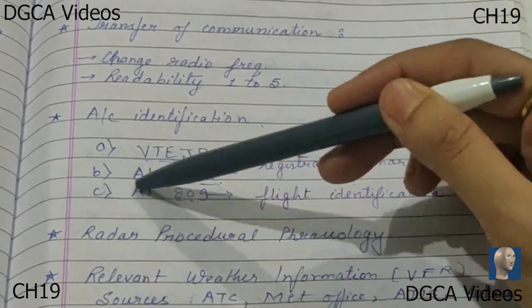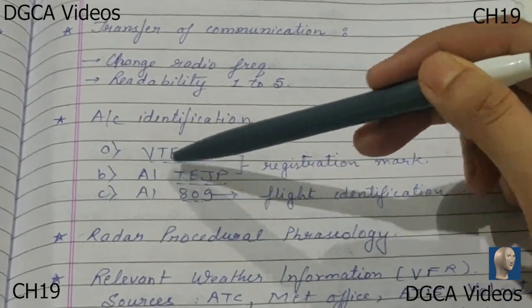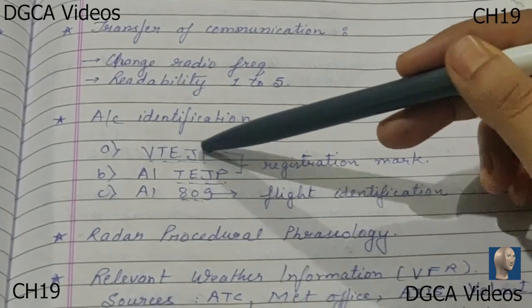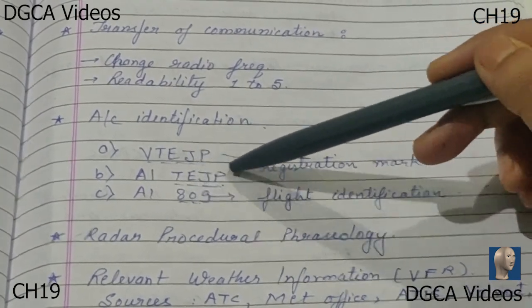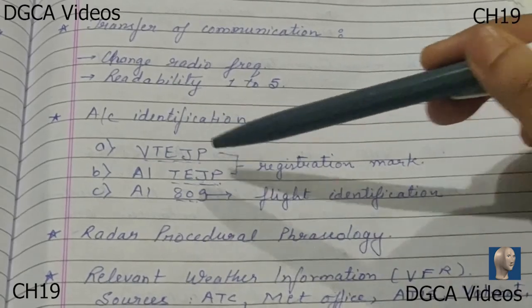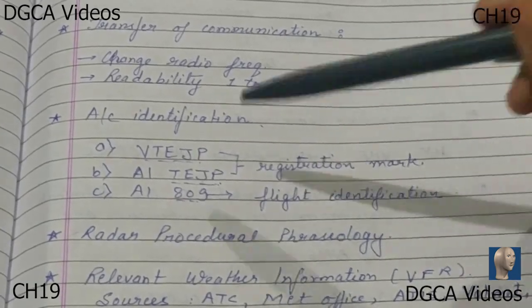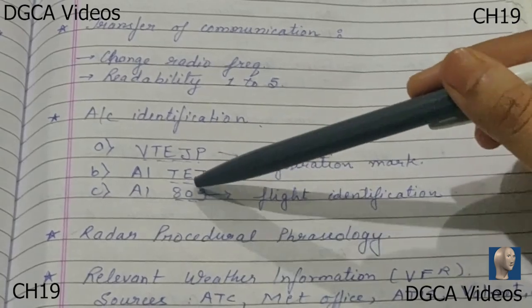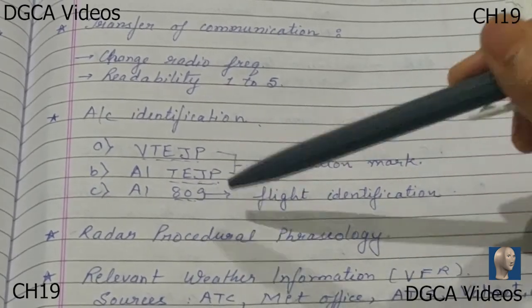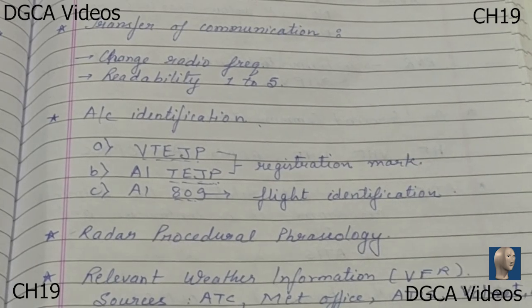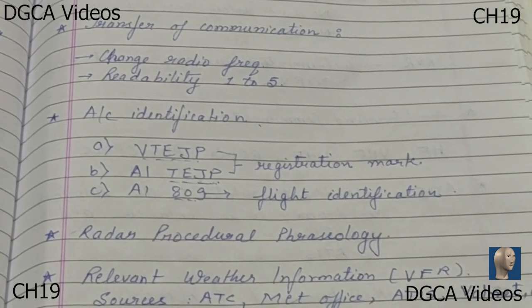And in the Bravo one, it is Air India Tango Echo Juliet Papa, don't say TEJP. The last of this are the registration marks, and in the Charlie one, which is 809, this is the flight identification mark. So this was about the identification.